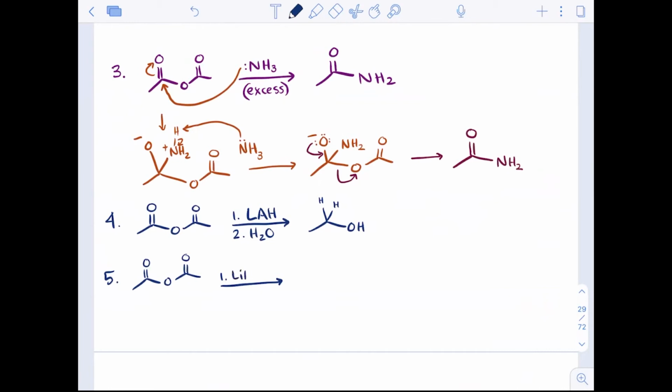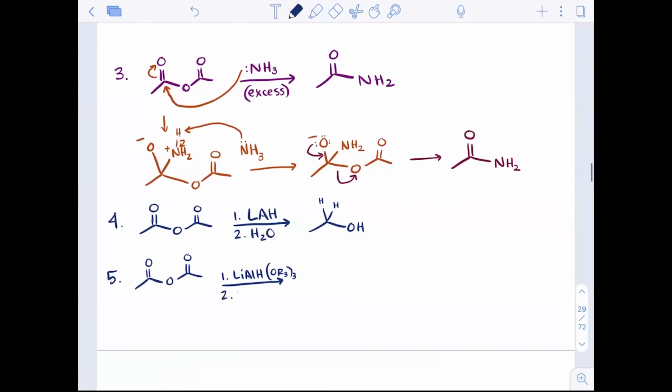It's the lithium aluminum hydride with our three ether groups attached, followed by a water workup. And that will get us to stop at the aldehyde.